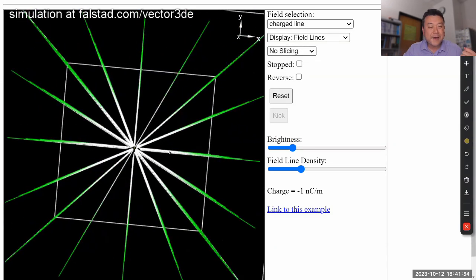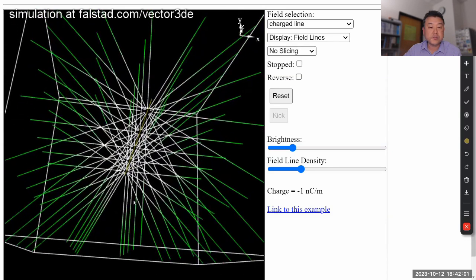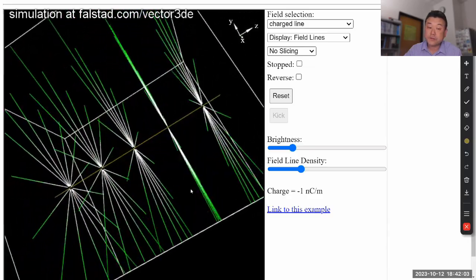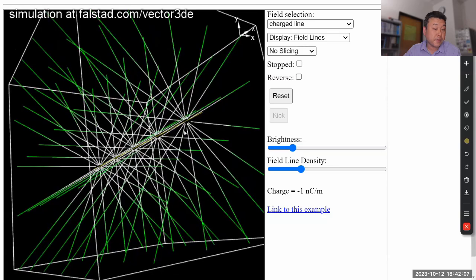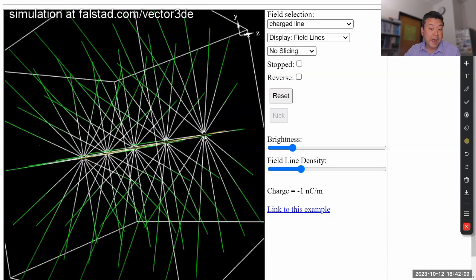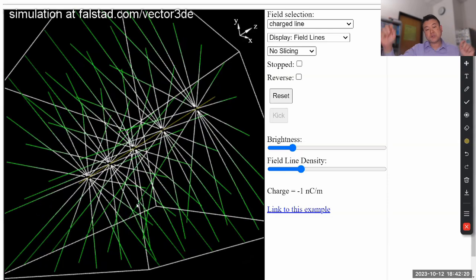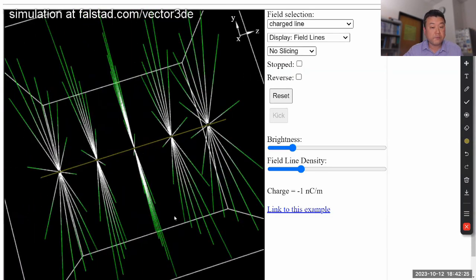That's annoying. It's when you consider the three-dimensional view that the electric field due to a charged line looks different from the electric field due to a point charge. And actually, when we derive the formula for this, the strength of the electric field changes differently. With the point charge, it goes as 1 over r squared. With the infinite line of charge, the field strength decreases as 1 over r instead of 1 over r squared.